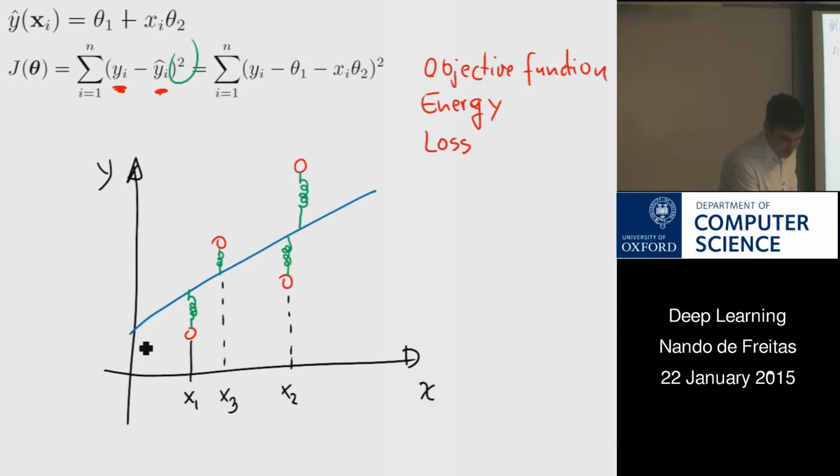And this height here is the corresponding height y1, this is the corresponding height y3. So that's the data. The data is these red dots, and those are its coordinates. This line, which is our model, has slope θ2, and the height of the intercept is θ1.